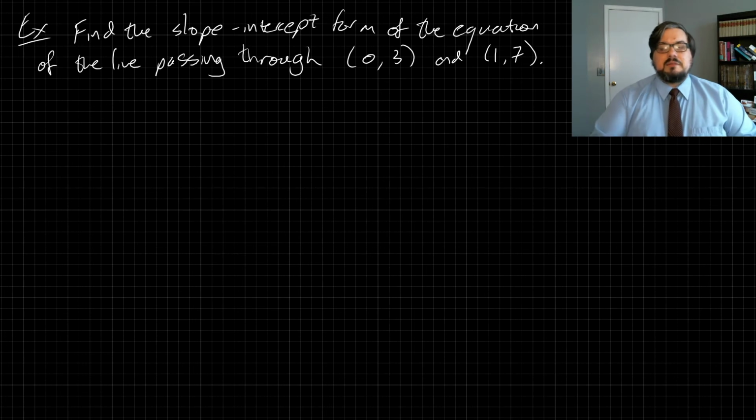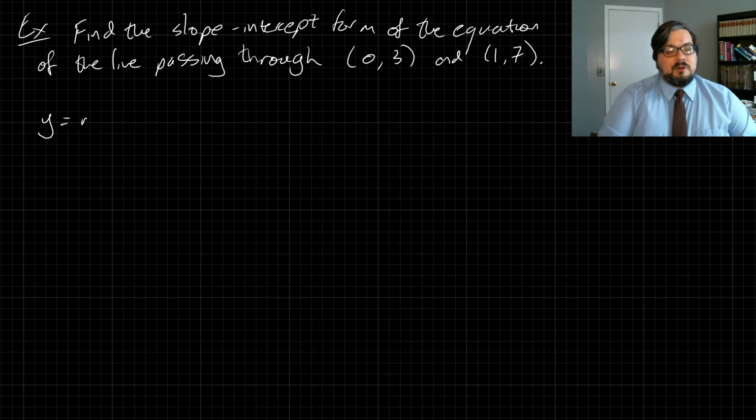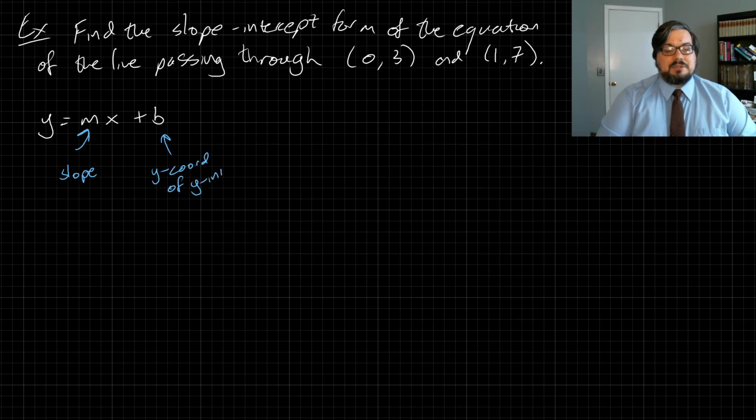Now this problem is a little bit different because we haven't been told the slope precisely. In order to write down the slope-intercept form, y equals mx plus b, we need two pieces of information. We need to know the slope of the line, and we need to know the y-coordinate of the y-intercept.